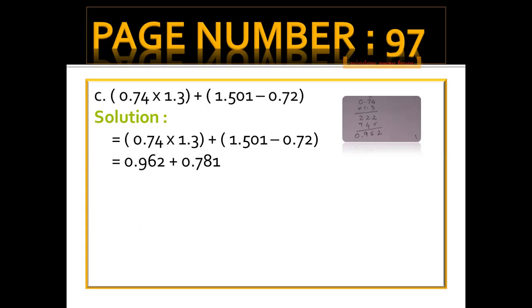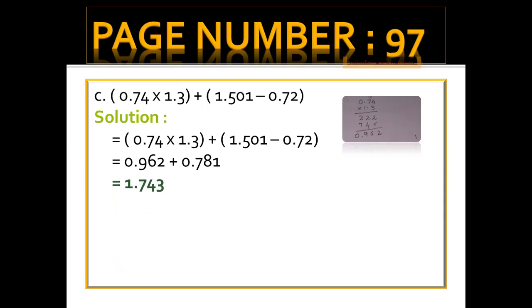After getting the answers of these two brackets, we add them. When you multiply 0.74 with 1.3, 0.962 will be there. And when we subtract 1.501 and 0.72, 0.781.